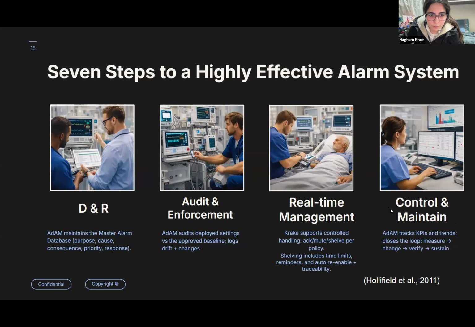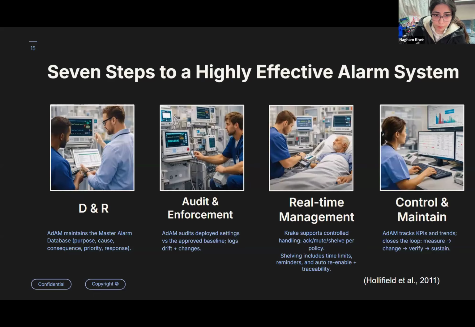For stage 4, documentation and rationalization, often called DNR, this is where we build a master alarm database for every alarm. Remember when we talked about how we need to look at our most experienced operators and document what they do when certain alarms are triggered? This all goes into a database that is called the master alarm database.